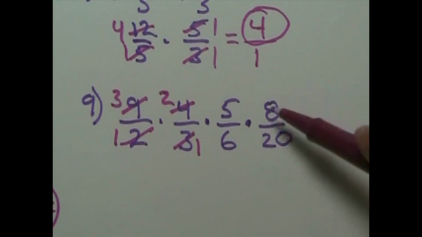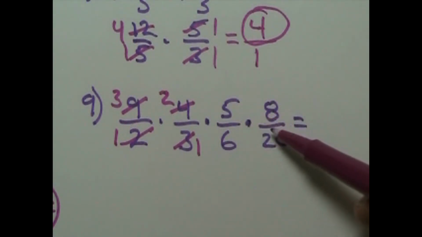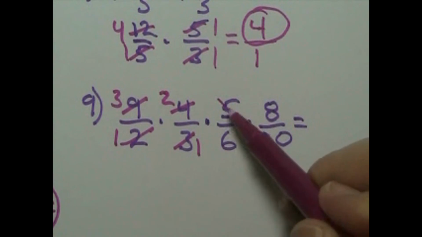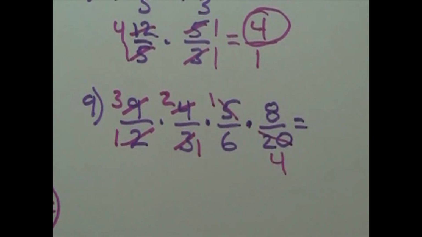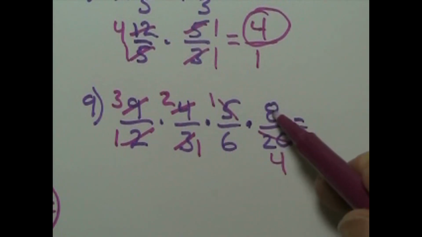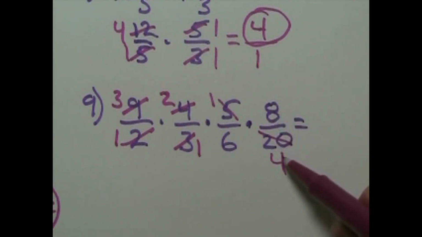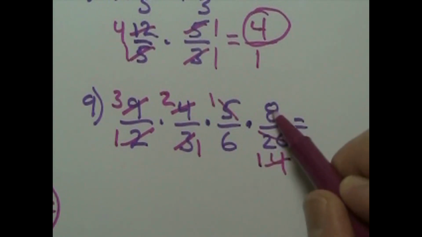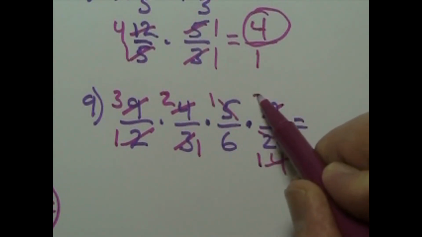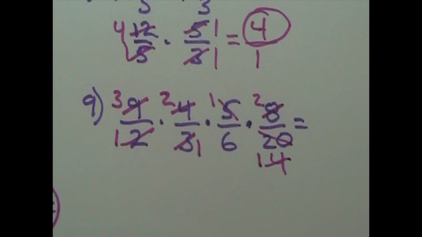Okay, what else we have? We have 5 and 20. So 5 will go in here once, and 5 goes into 20 4 times. We have 4 into 8. 4 goes in here once, and 4 goes into 8 twice. All right, what else we have?